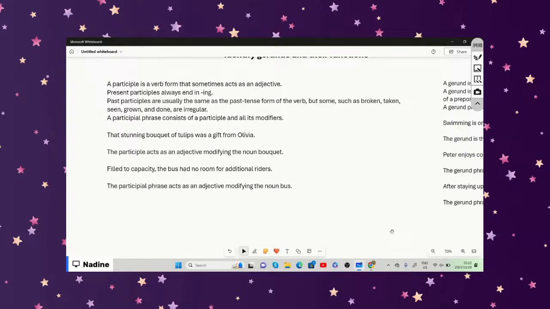So if we were to identify the participle within that sentence, then it says that the participle acts as an adjective modifying the noun bouquet. If it modifies the noun bouquet, then it will be stunning. So it will be the stunning bouquet of tulips was a gift from Olivia, because it modifies the noun bouquet.